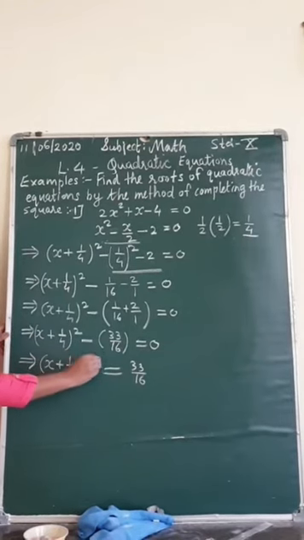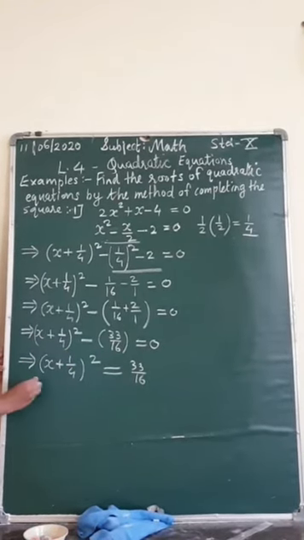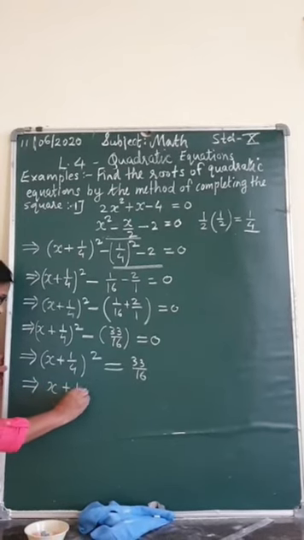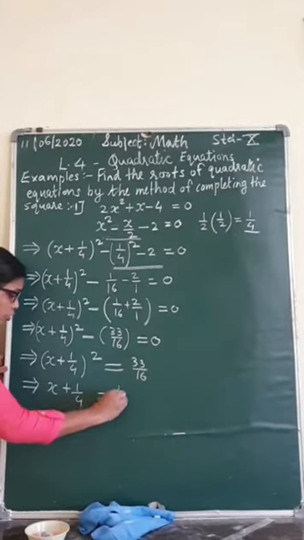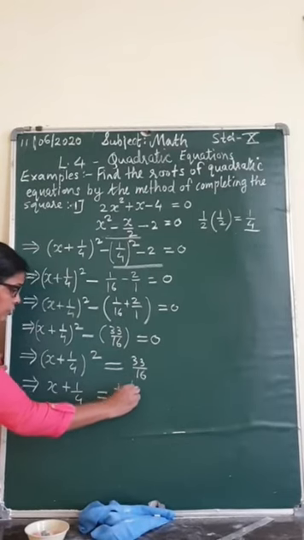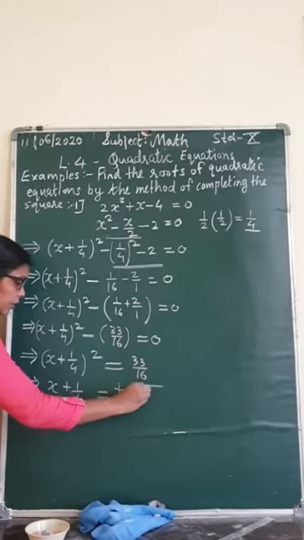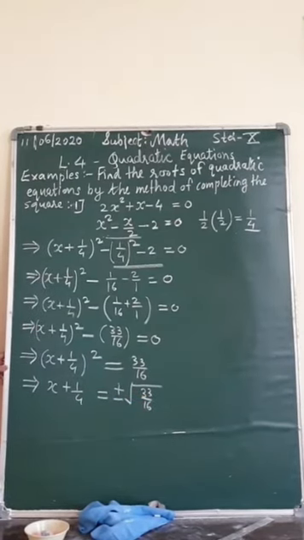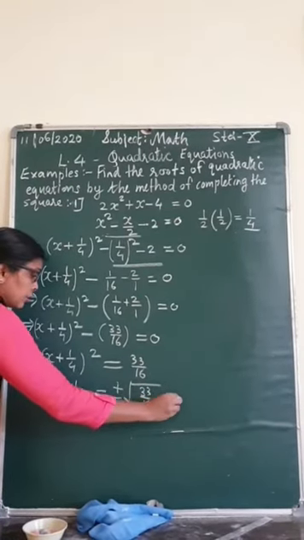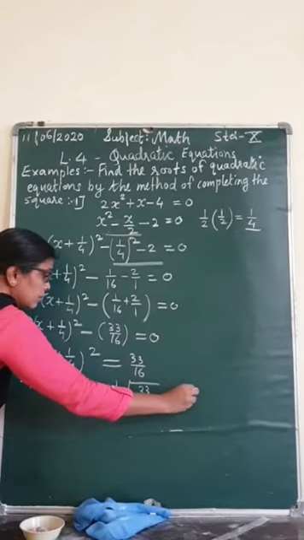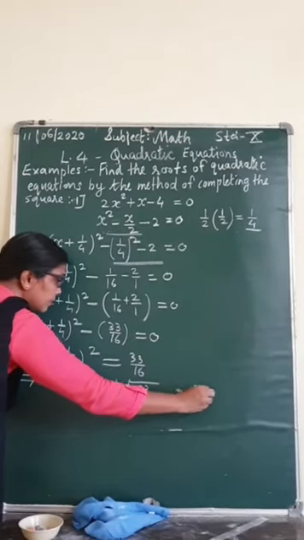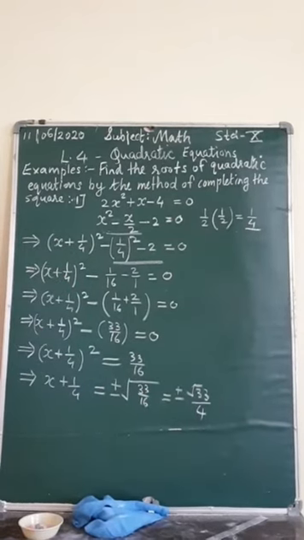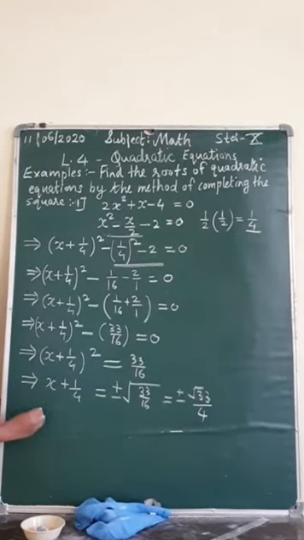Now if we remove the square, what we get here? X plus 1 upon 4 is equal to plus or minus, put this whole thing into the root sign, which gives us plus or minus root 33 upon 4. And now we will see the roots of this.